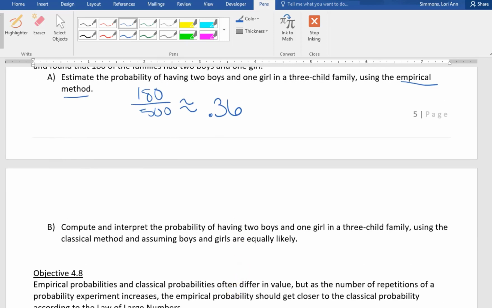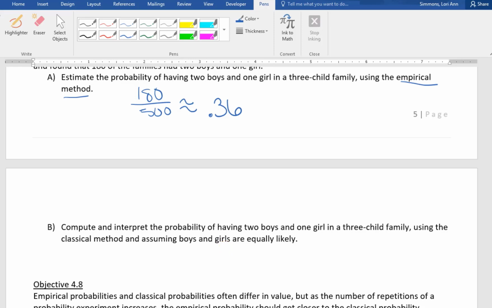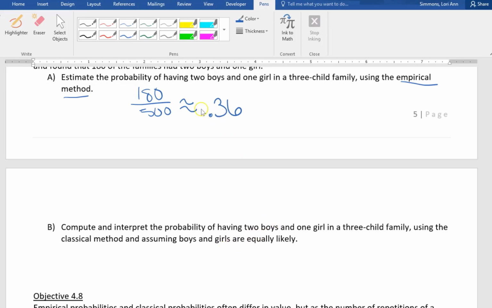Now compute and interpret the probability of having 2 boys and 1 girl in a 3-child family. Okay, so we have 3 children. What are the options of the gender? So now the order matters. So we could say the first child was a boy, second child was a boy, third child was a boy.